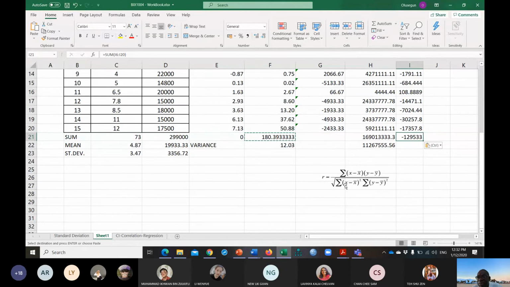Then we need this square, which is this one. This square multiplied by this squared. Summation of this, what is the summation? This multiplied by this. Okay, let me do that too.